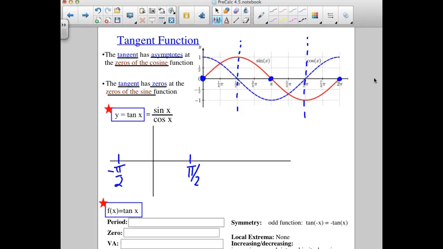We want to split it into 4 chunks, just like we've been doing for sine and cosine, secant and cosecant. We have to cut each of those sections in half again. What are the tick marks going to be labeled for those? Good. Pi over 4 and negative pi over 4. Vertical asymptotes at negative pi over 2 and at positive pi over 2.